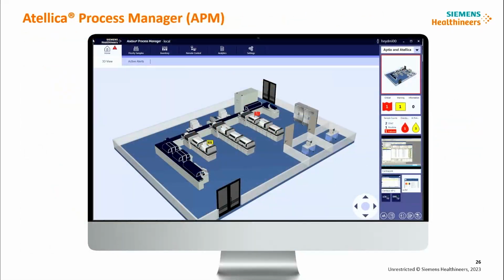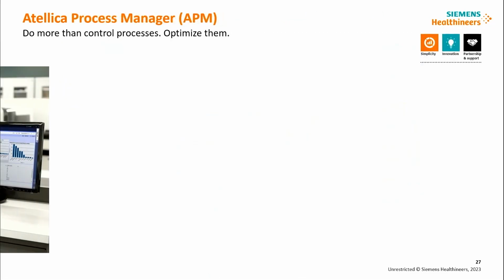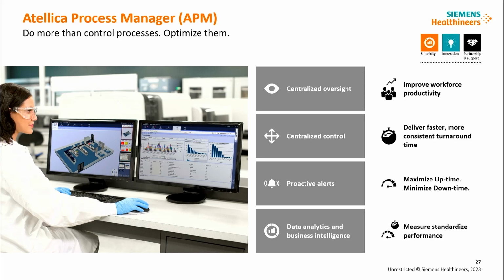First, the Atelica Process Manager will help you improve workforce productivity inside the lab. It's mainly used by the supervisor and the lab director because it has a lot of built-in reports based on business intelligence that help you take immediate action, and it's real time.